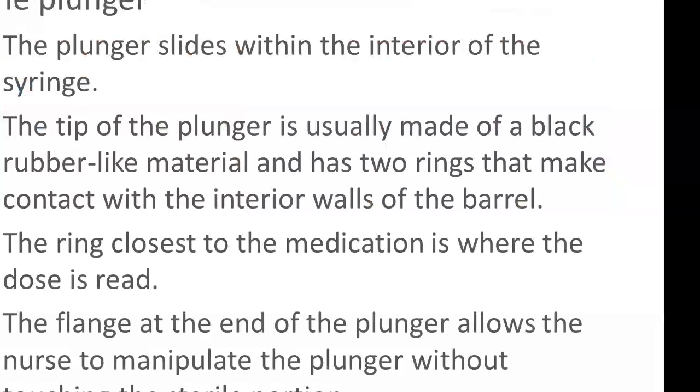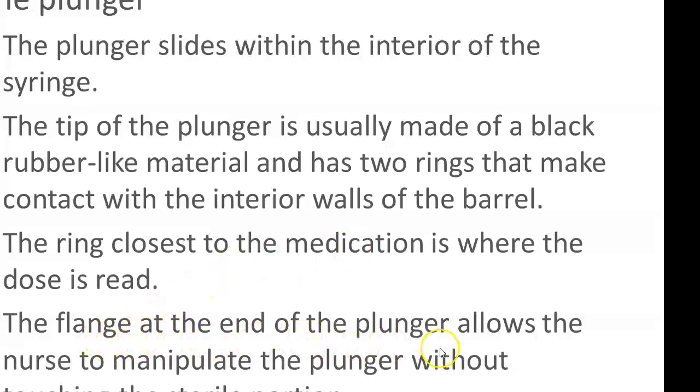After the needle and the barrel, we have the plunger, and the plunger slides within the interior of the syringe. The tip of the plunger is usually made of a black rubber-like material and has 2 rings that make contact with the interior wall of the barrel. The ring closest to the medication is where the dosage is read.